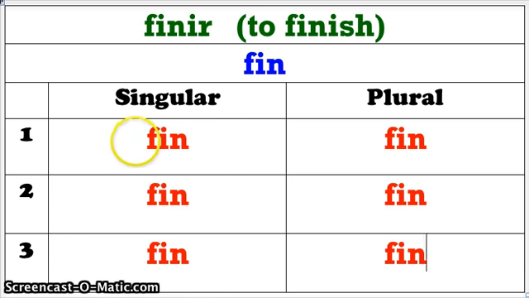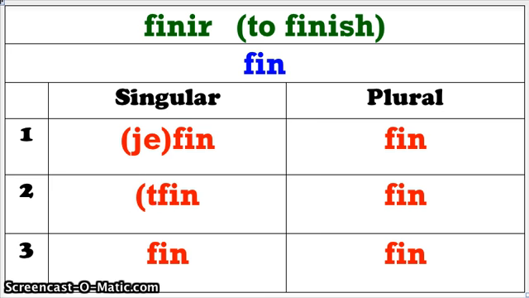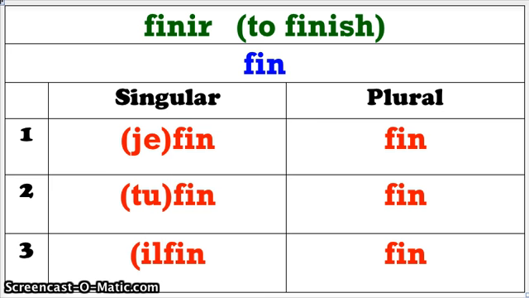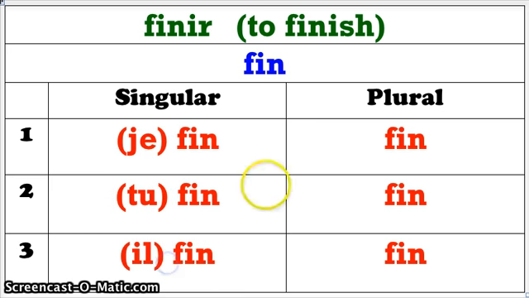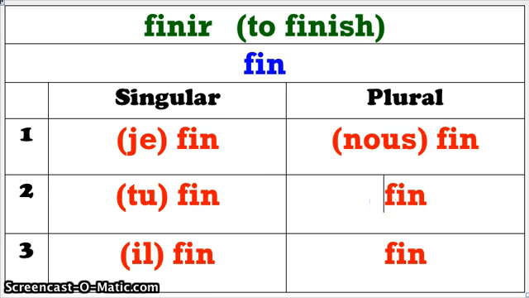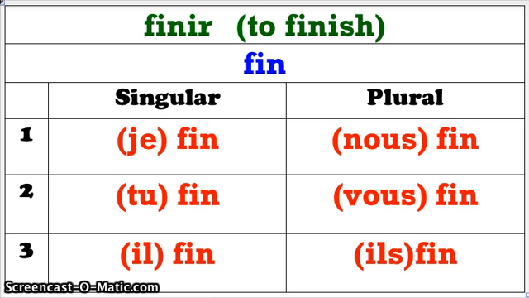Now, maybe I ought to go ahead here and just add those subject pronouns so you know what I'm talking about here, just to make it clear. All right. Good. Let me put a space in. That's looking fine, don't you think? And put in my nous form. Vous. And then ils.